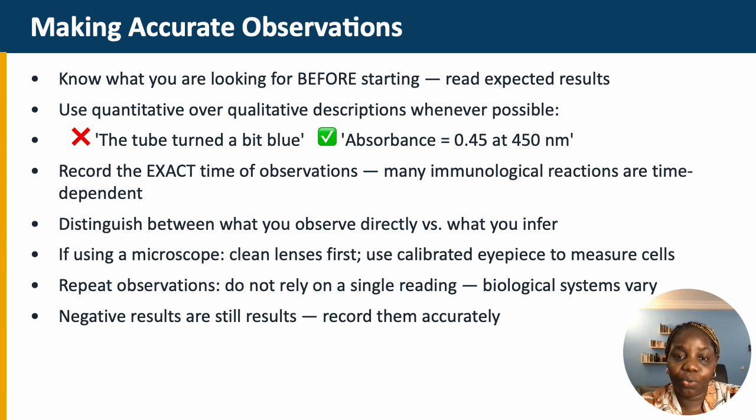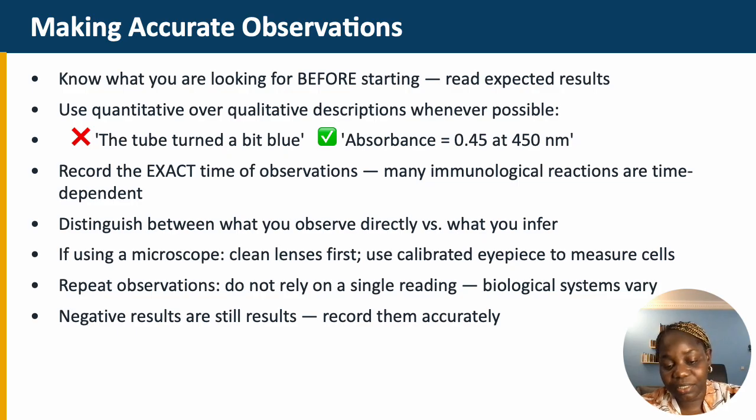Distinguish between what you observe directly and what you infer. If using a microscope, clean the lens first. You don't want to identify something as a leukocyte when it's just dust. Use a calibrated eyepiece to measure cells, and repeat observations.